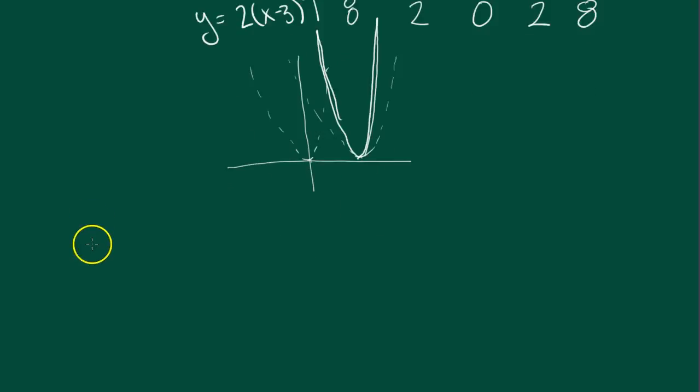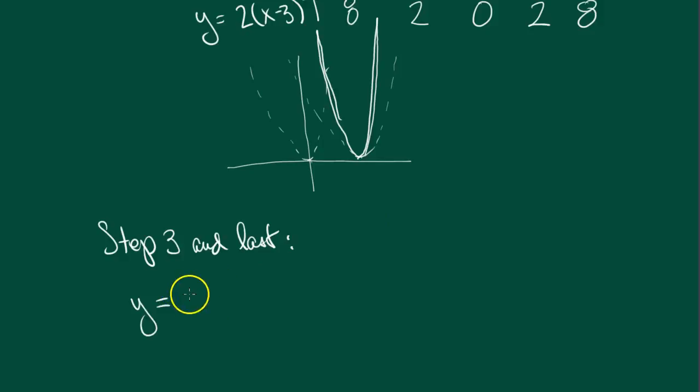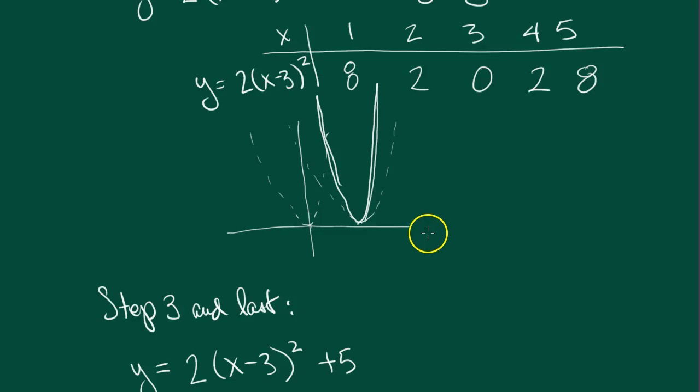Okay, and now step 3, which is also the last. Step 3 is the addition. So 2 times (x minus 3) squared plus 5. This is also outside the parentheses, so it's going to change only y values. And what are we doing? We are adding 5 to each of those.